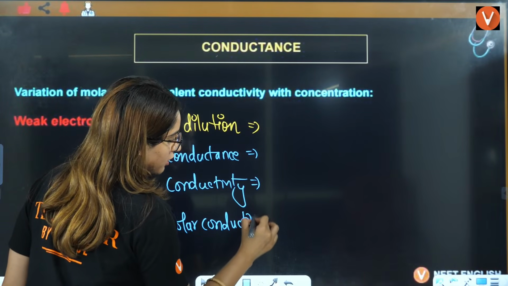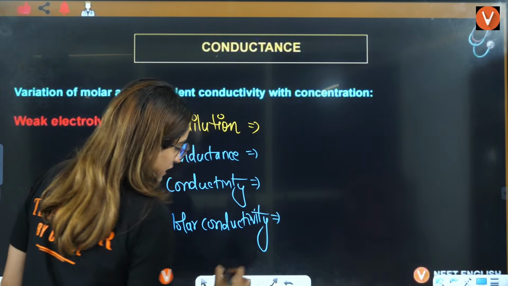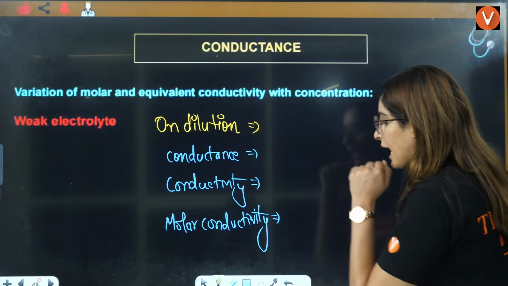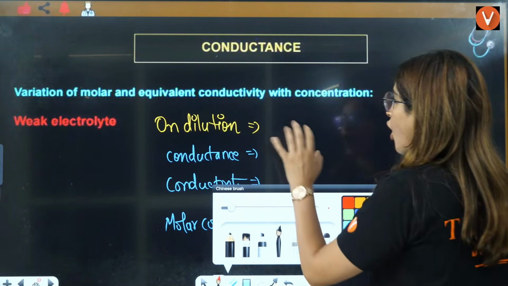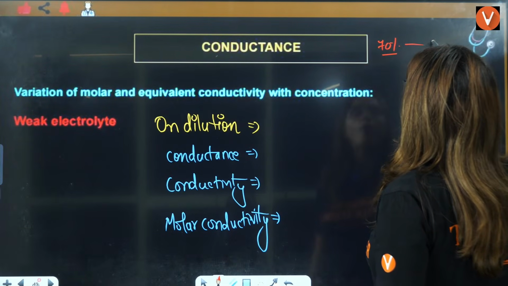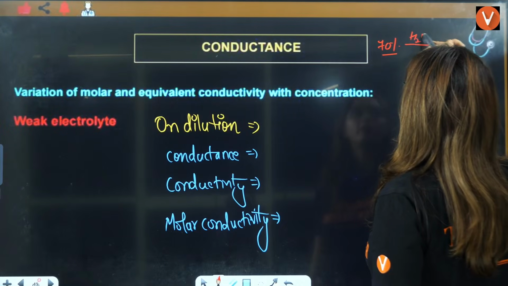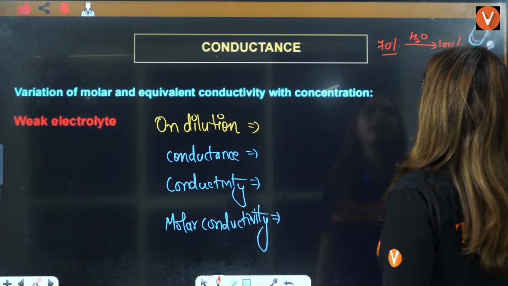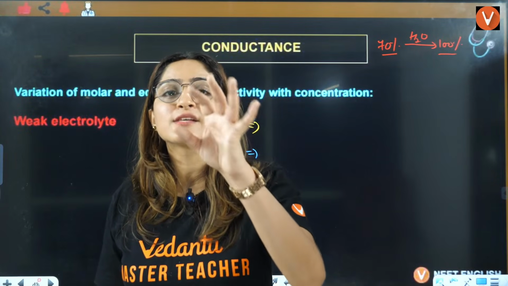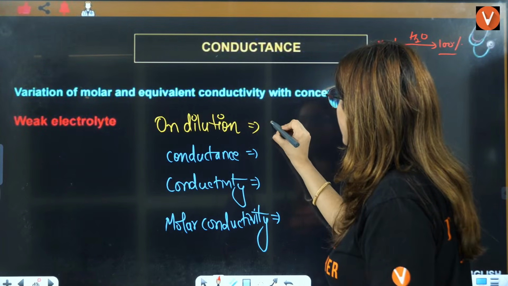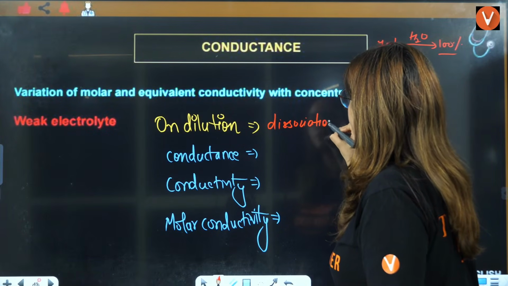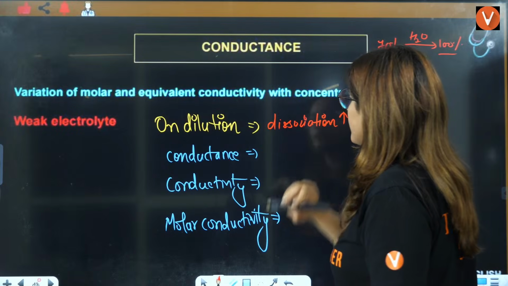Molar conductivity. Now, if you see this here, right, what will start happening on dilution? What you will see is on dilution, earlier, let's say it was 70%. On dilution, when you add water, now it will go to 100%. That means on dilution, the dissociation increases, right?